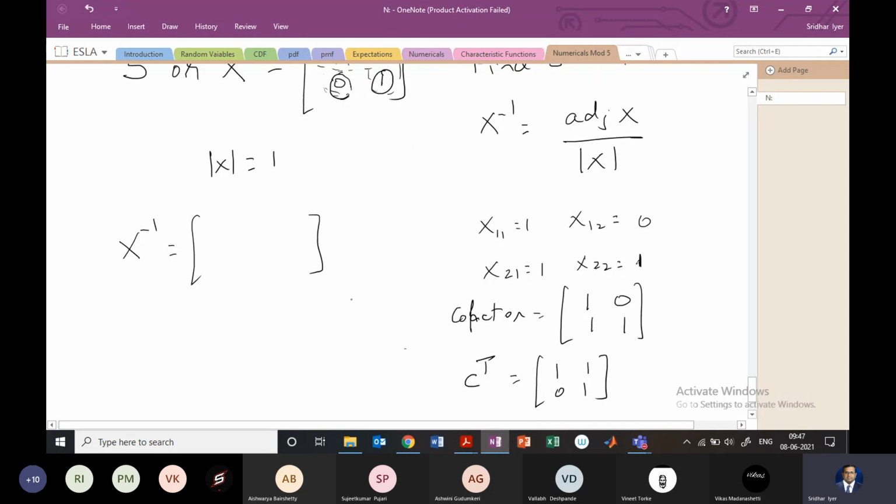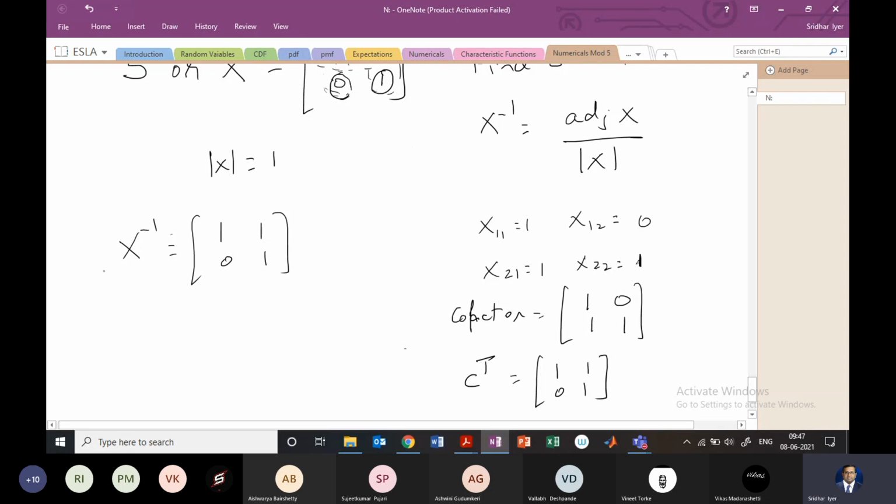Now the adjoint of x will be nothing but this cofactor transpose, and you divide that by modulus of x, which is nothing but 1, right? Therefore the x inverse is 1, 1, 0, 1. Okay, please don't forget this. So we got x inverse, right?